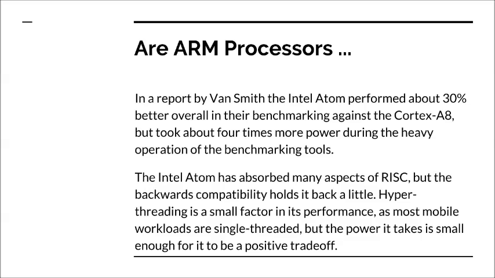It would be a greater factor had mobile devices and mobile programs and the workloads that come with them been multi-threaded, but they're still majority single-threaded, so it doesn't add up quite as much as Intel would probably like.